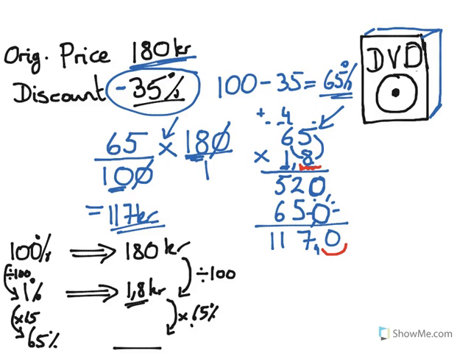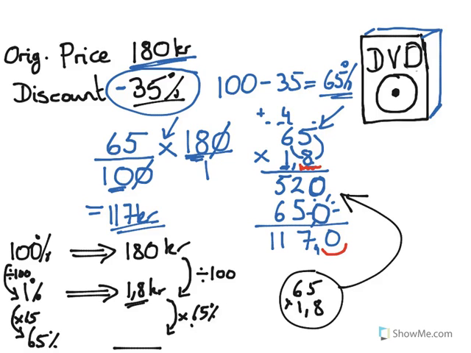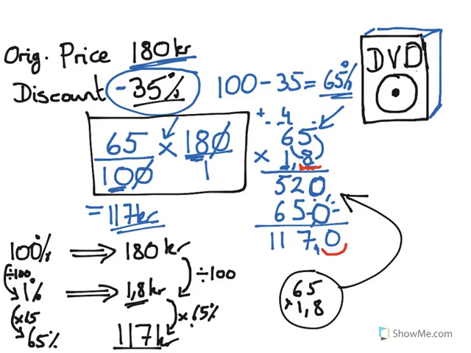And how do we do that? Well, we do 65 times 1.8. And if we look, we've already done that multiplication here, and we know that we get the answer 117 kronas. So it doesn't matter which method you use. You can either do my method where you write everything up directly, or you can start with working out what 100% is and then go from 100% down to what 1% is, and then from 1% you go to the final percentage that you want, just by multiplying by the same factor each time.